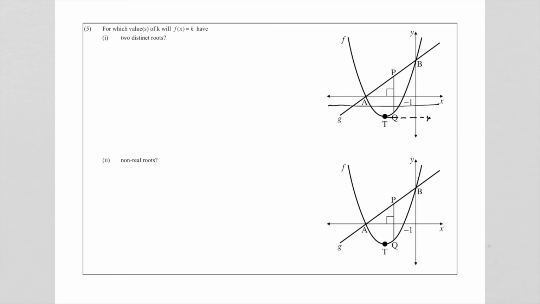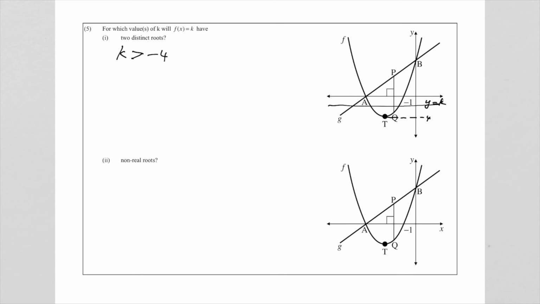So we must draw this horizontal line, and this line is y equal to k, above the turning point. Our answer for this one is, therefore, k greater than -4.